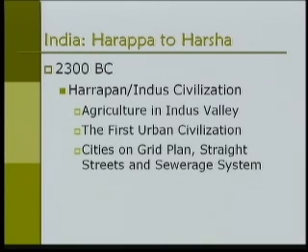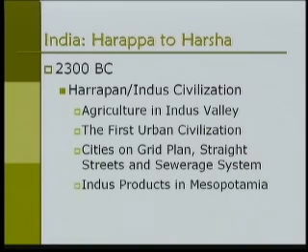That urban civilization was so much characterized and defined by the cities, the construction of the cities made out of bricks, and the grid plan that these cities were laid with, and the straight streets and the great sewage system that you don't see anywhere in the world. That is what you notice in the Indus Valley civilization.